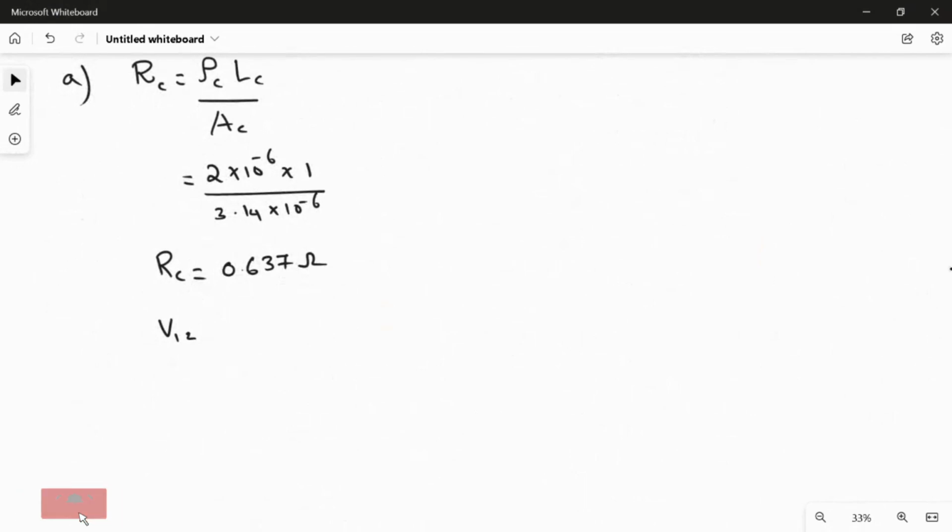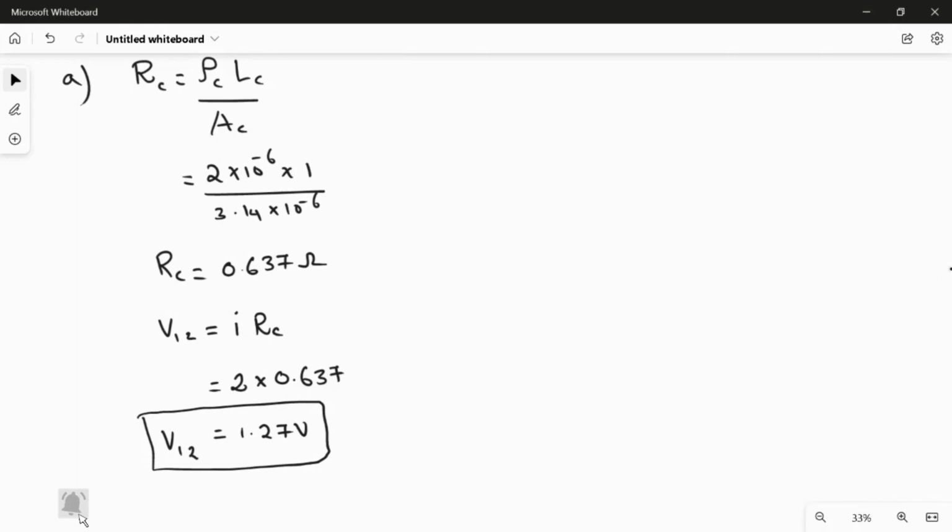So as we know the rule for finding the potential difference, V is equal to the current multiplied by the resistance of the wire C. The current value is already given in the question as 2 ampere. So 2 multiply with 0.637, now we got the answer for the potential difference between the point 1 and 2 as 1.27 volts. So this is the answer for the first question.